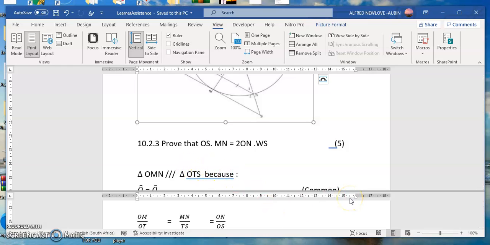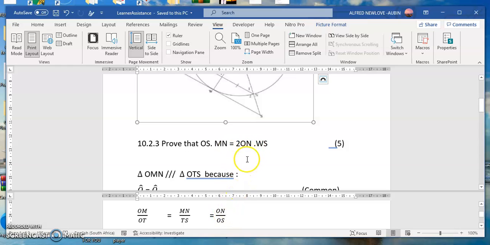Then you look at the question, which one do we actually need? If you check OM, do we have OM there? No. OT, we don't have OT there. MN, we have MN, so at least we can use this one. TS, even though we don't have TS, at least this one is there, so we can use this. Then ON, we have ON there.